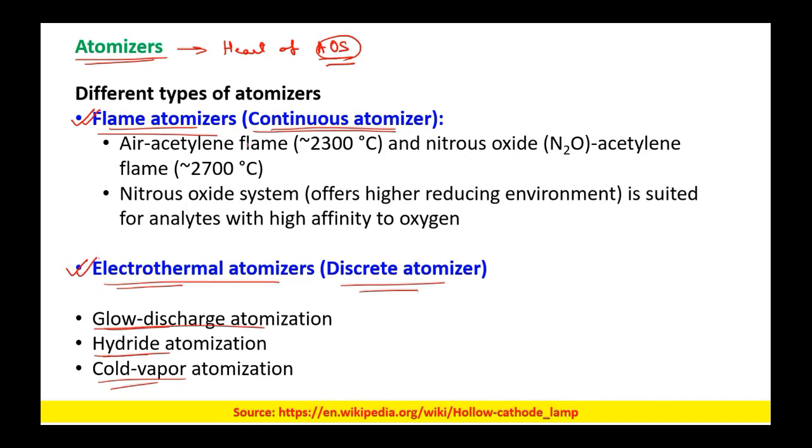In flame atomizers, what happens? Suppose you have a flame, and within this flame you put in the samples in the spray format. The samples are there, and then over there the solvent volatilization happens, and the atoms are being excited over there.